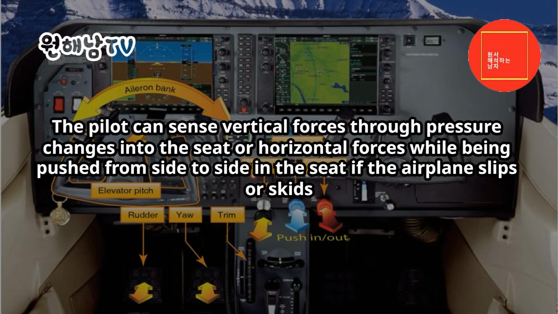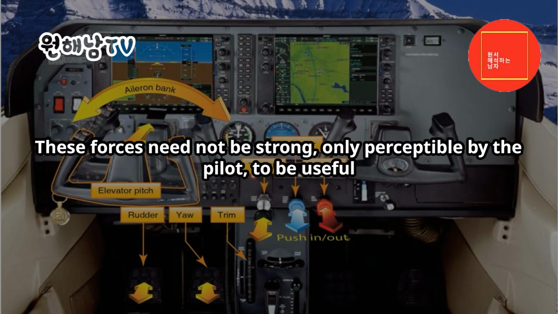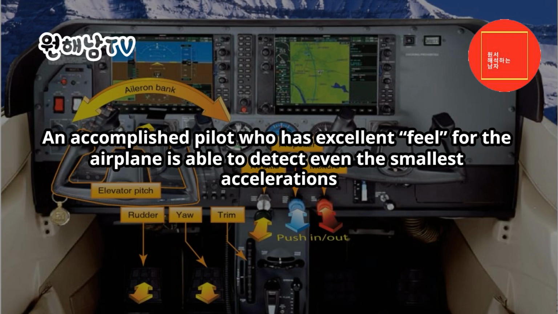The pilot can sense vertical forces through pressure changes into the seat, or horizontal forces, while being pushed from side to side in the seat if the airplane slips or skids. These forces need not be strong, only perceptible by the pilot, to be useful. An accomplished pilot who has excellent feel for the airplane is able to detect even the smallest accelerations.